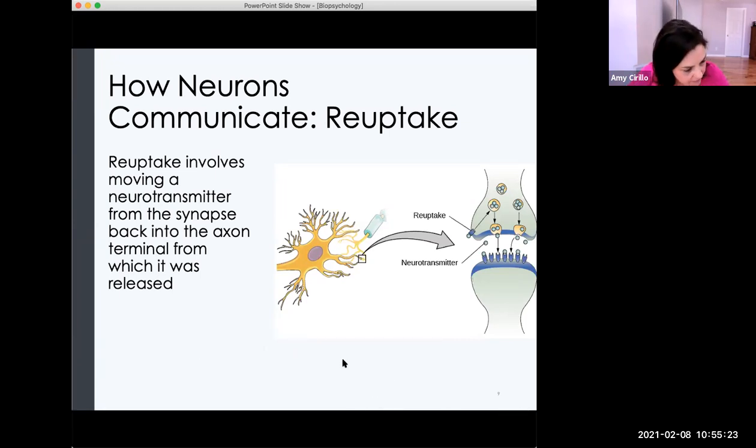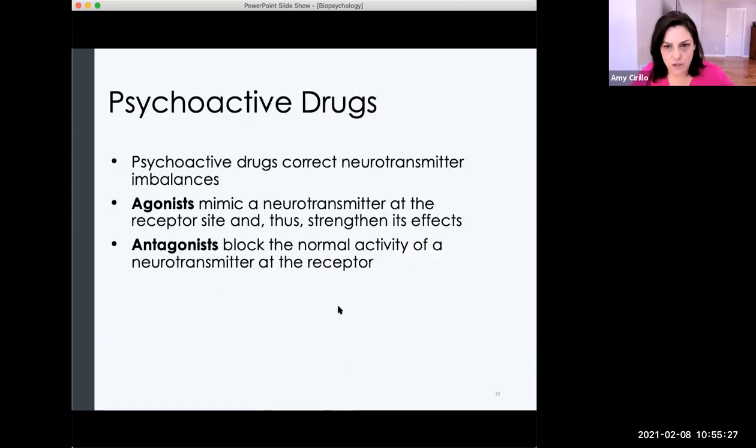So there are different ways that drugs can impact neurotransmitter imbalances. Agonists mimic a neurotransmitter, so if you take something that mimics a neurotransmitter, you're going to feel like you would if that neurotransmitter was in your brain, right?